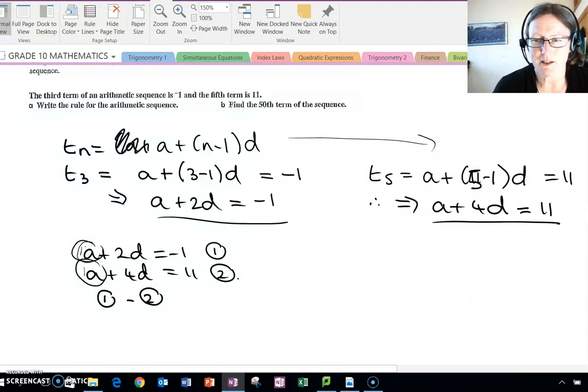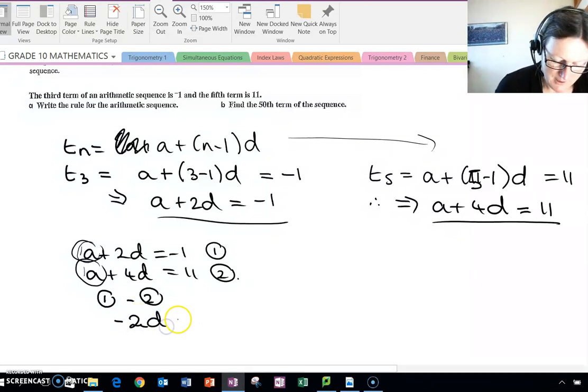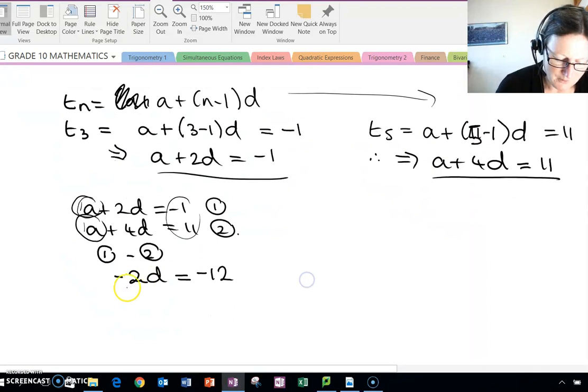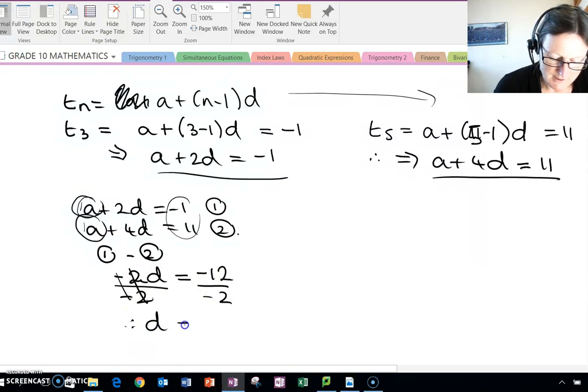This is our elimination method, so we've eliminated the a's. Then 2d subtract 4d is -2d, and -1 subtract 11 gives me -12. Dividing by -2, d is equal to 6.